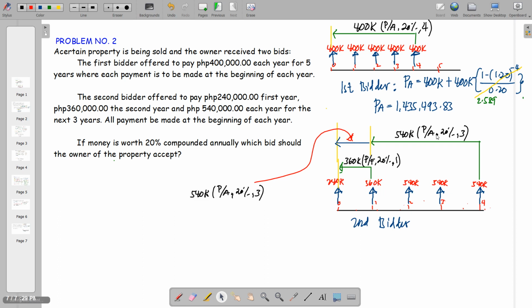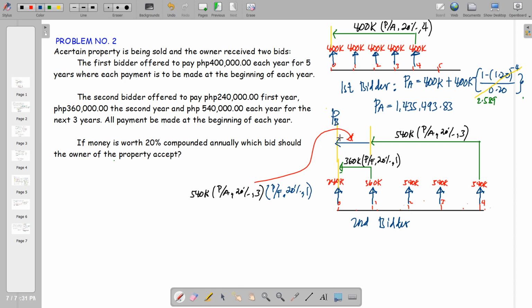First, we're going to copy this and then we will multiply it by a factor, that is a compound factor, and that is single payment present worth factor, finding P given F at 20% at 1 period, and then we close that.